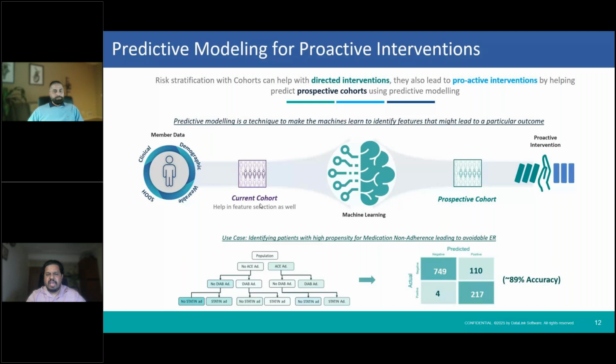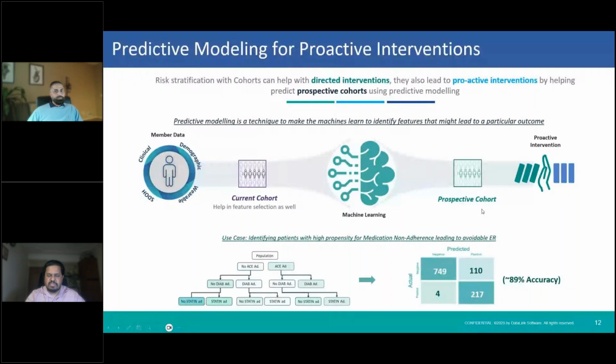So we have machine learning models that can learn those features, that can utilize those features to identify prospective cohorts. So Rapier will allow you to identify prospective cohorts from your population. These are people who are going to be in the same situation as these current problem cohorts are, and then you can apply proactive interventions.